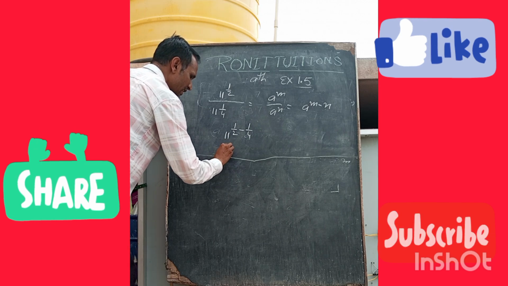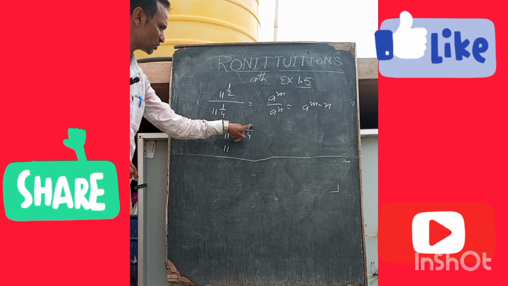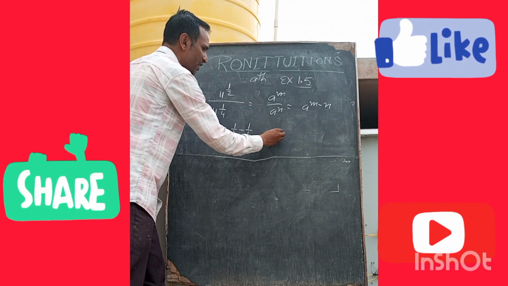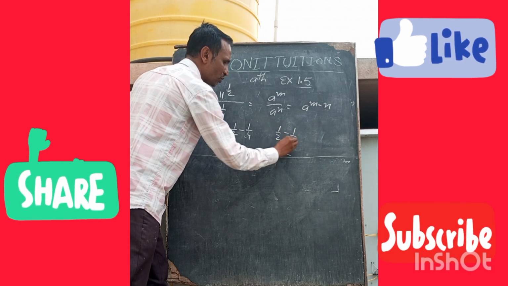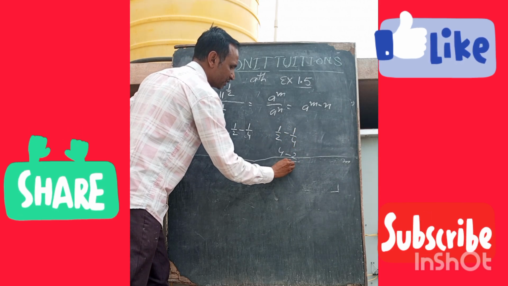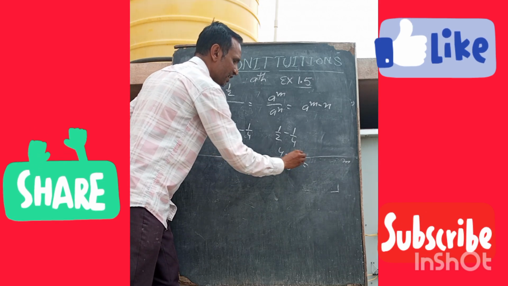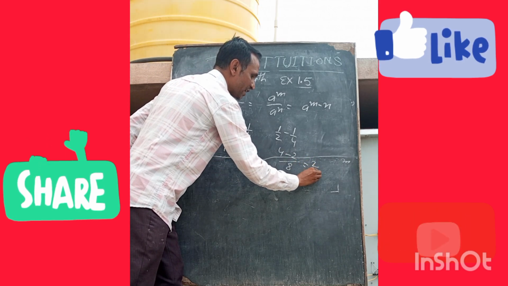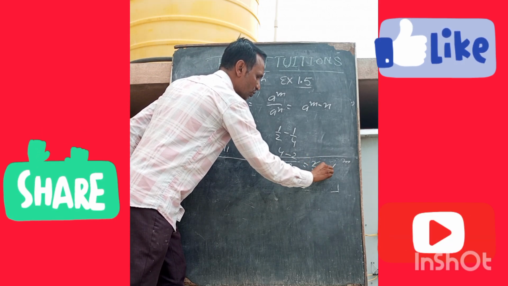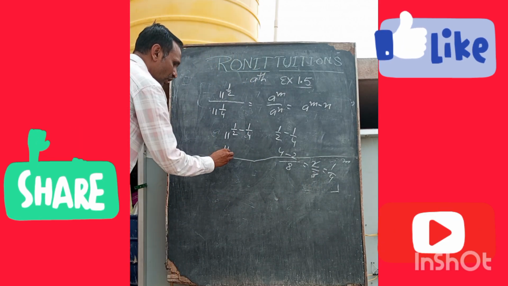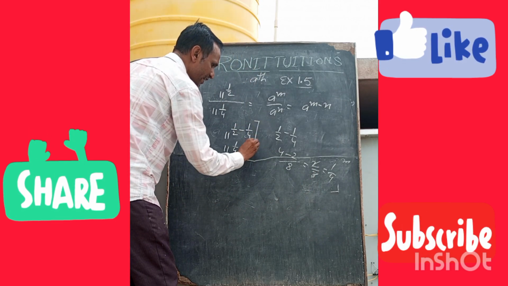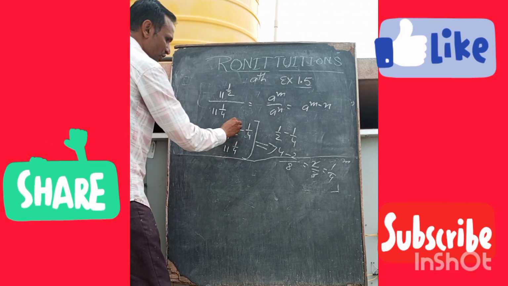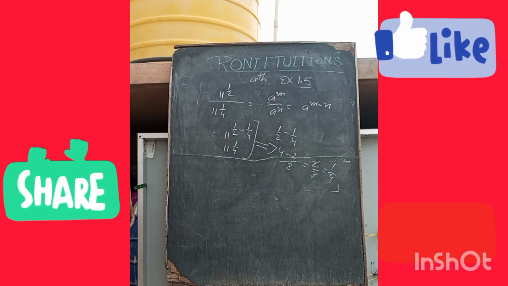Taking the LCM, 1 by 2 minus 1 by 4 is 2 minus 1 by 4, which is 1 by 4, like this. Here this explanation is given, so you can see it. So we can write 11 to the power 1 by 4.